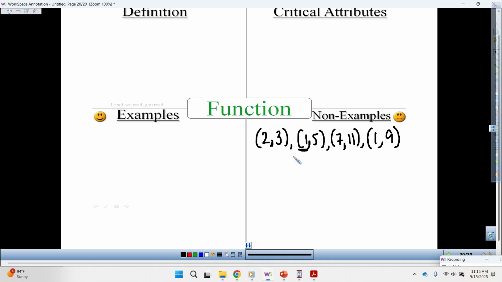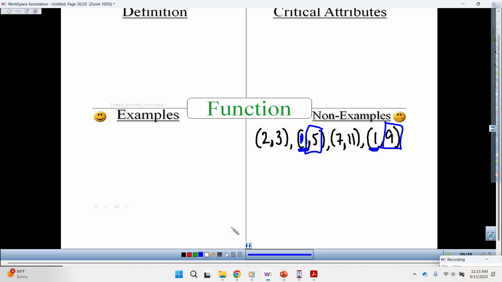Because 1 is repeated twice. Look up, 1 is repeated twice, so it has 2 outputs. It should have a 5 when it repeats. Does it have a 5 here? No, that is not a function.